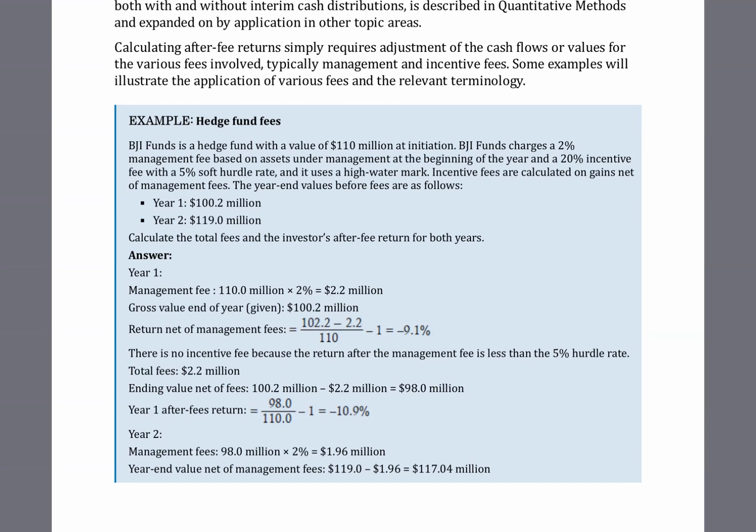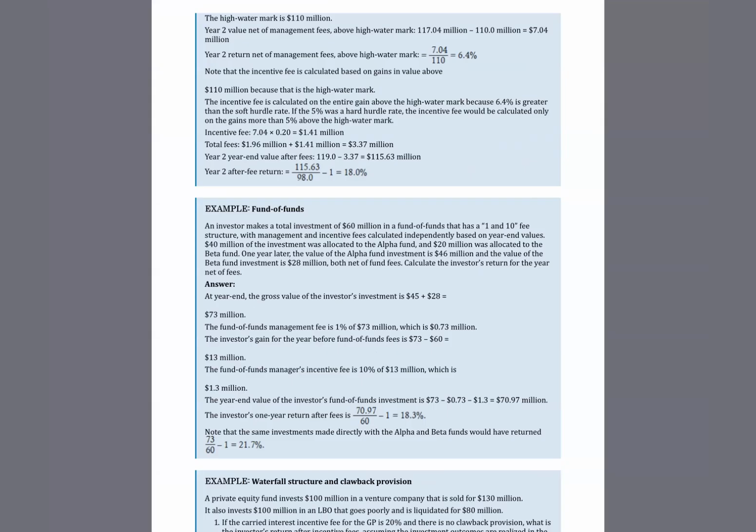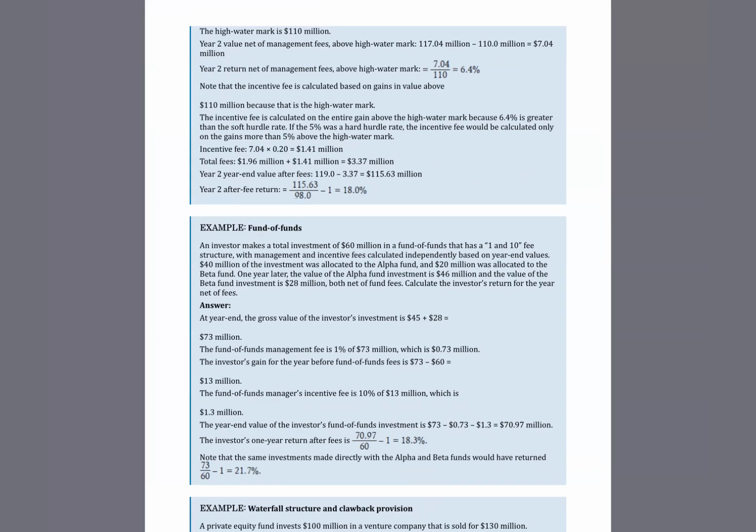But closing the period, you got 119 million. If I subtract 1.96 from it, I get 117.04. That is the year-end value net of management fee. Then the next thing is the high water mark is 110 million, because that was the amount I gave you to start the business with.